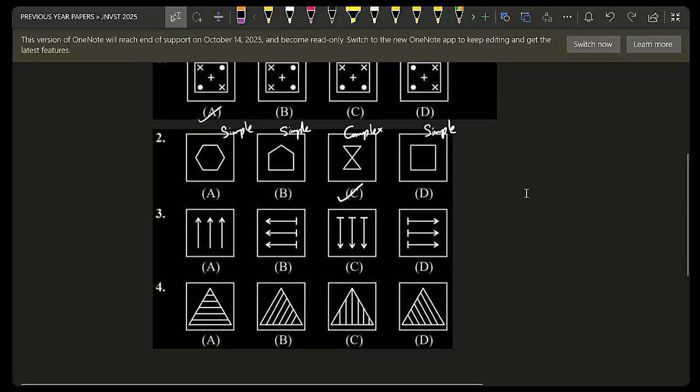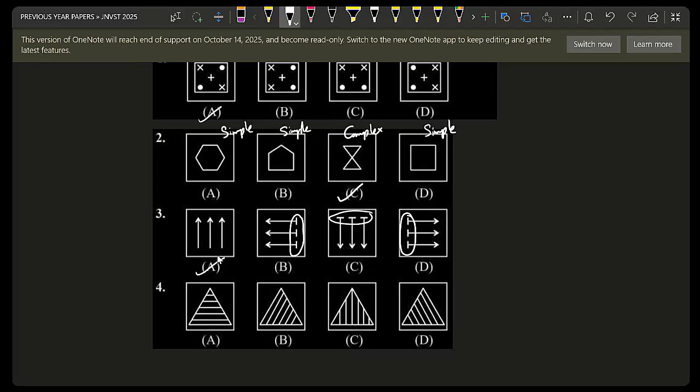Now looking at the third one. The third one is very simple. All the arrows are having a bottom here except option A. So option A is correct. Fourth one.